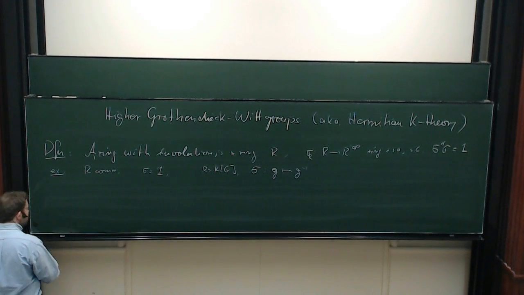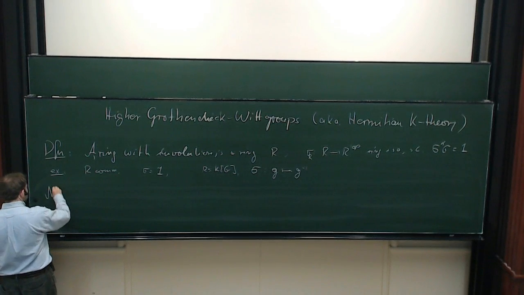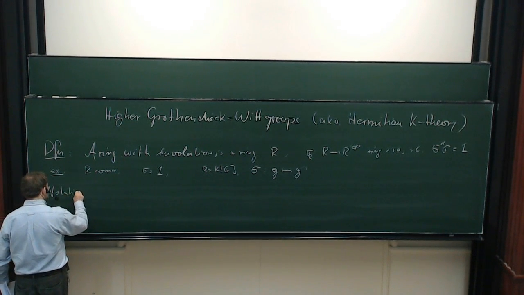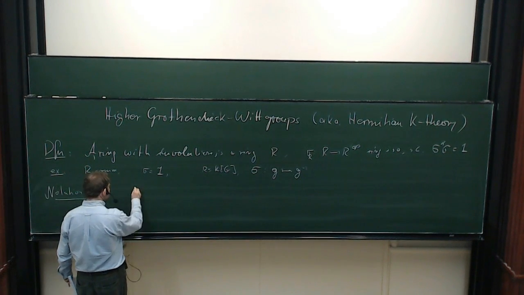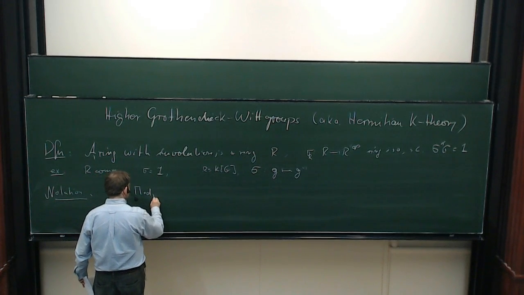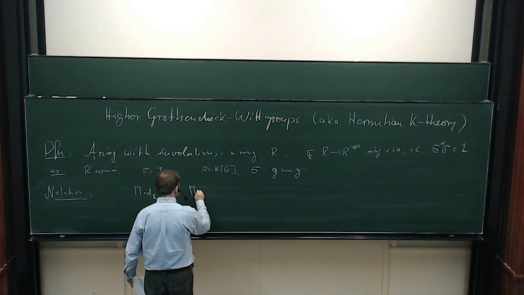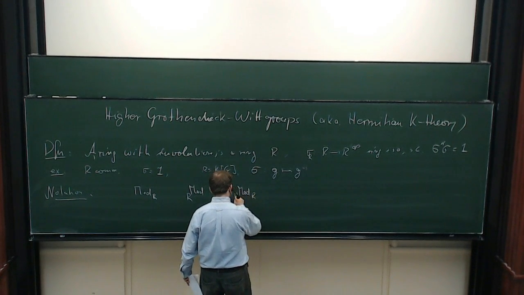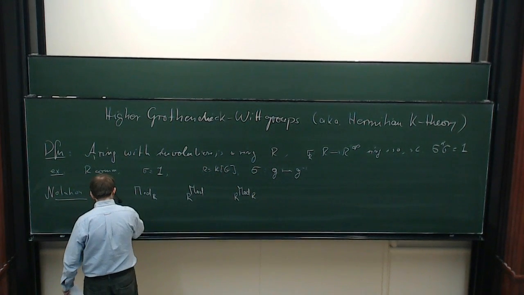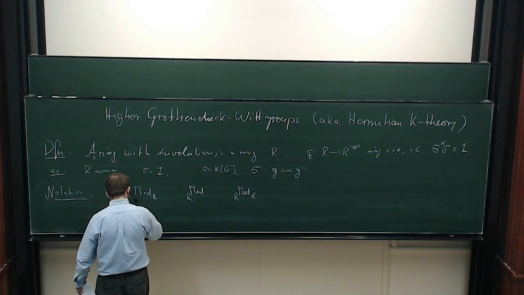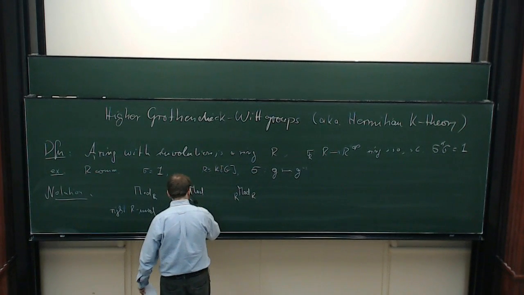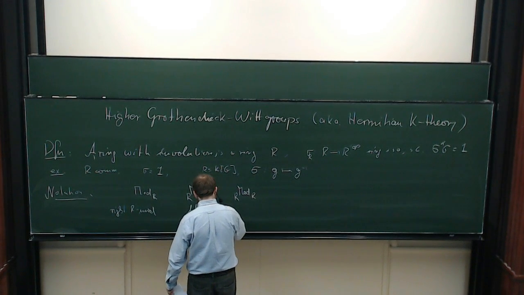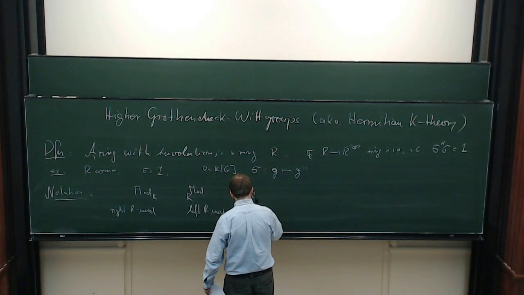I'm going to use notation throughout, which is going to be Mod R, where the R is left, right, or on both sides. There's going to be right R modules, left R modules, and bimodules.